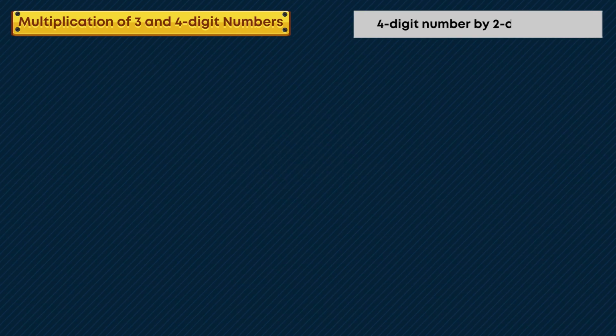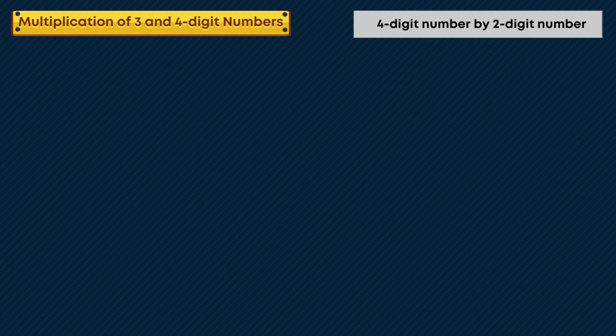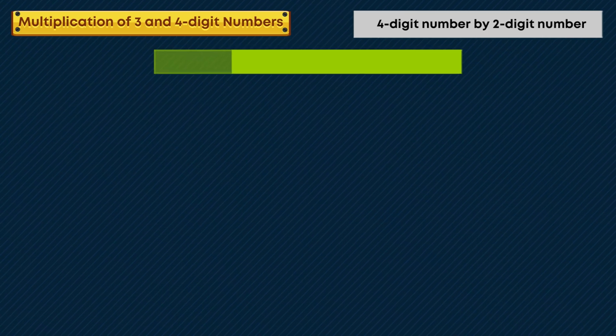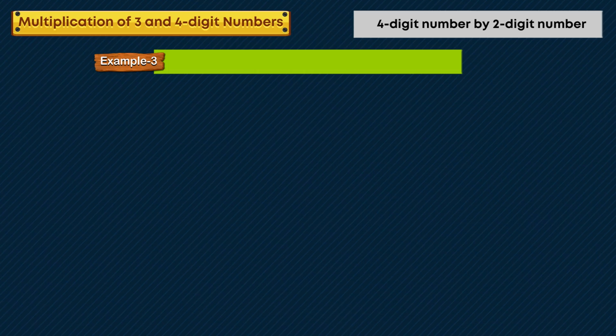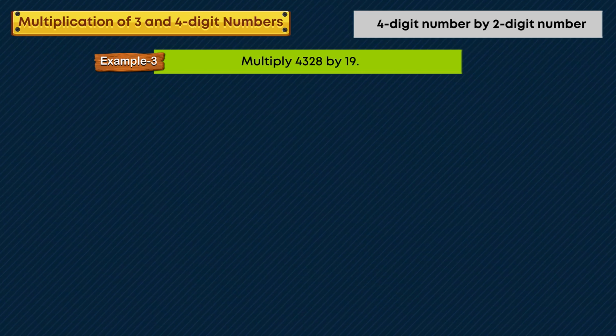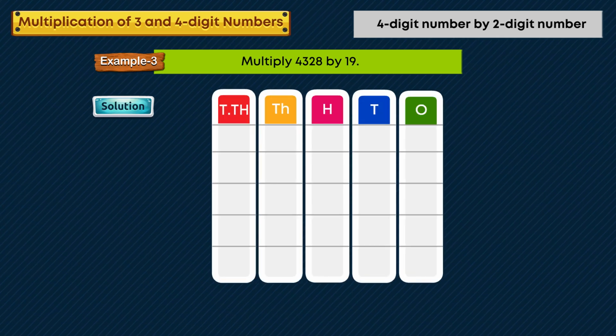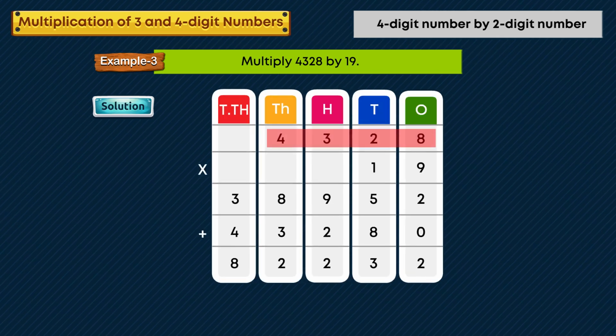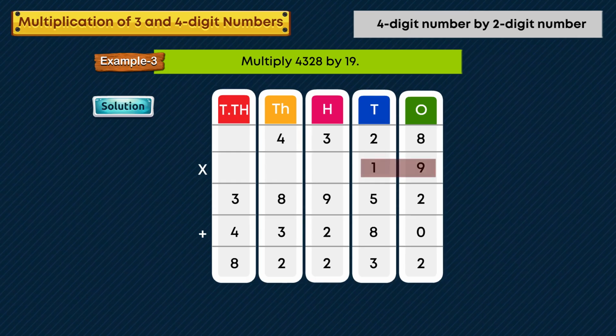4-digit number by 2-digit number. Example 3. Multiply 4,328 by 19. Solution: 4,328 into 19.